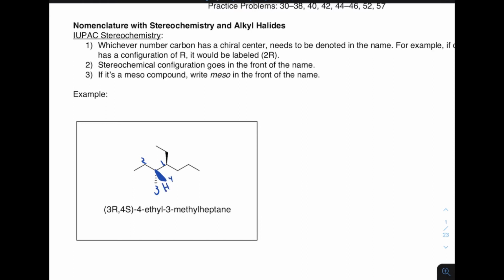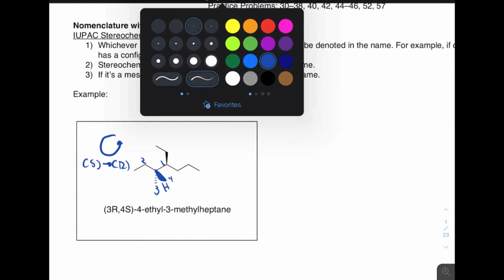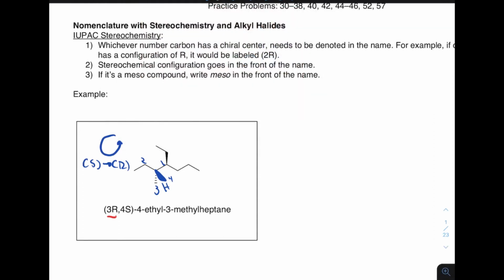So looking at this, the priority goes counterclockwise. So we have a configuration of S, but because that hydrogen is on the wedge, we know that it is R. And so because carbon number 3 has the R configuration, we denote it as such in front of the name. And we do the same thing with the carbon center here.